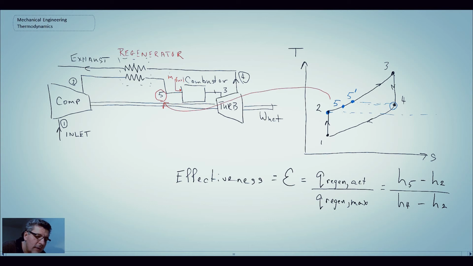The effectiveness is quantified as H5 minus H2, which is going from here to here on our TS diagram, the actual enthalpy gain of the fluid through the heat exchange process, divided by H4 minus H2, going from here to here, which is the maximum possible that we could attain. So that is the effectiveness of the regenerator.